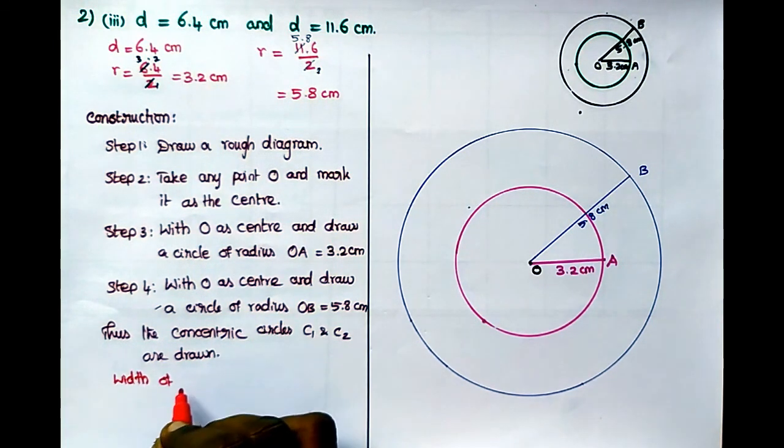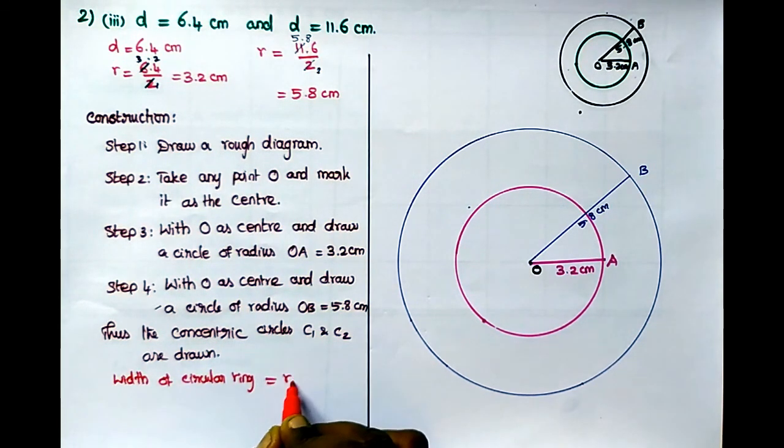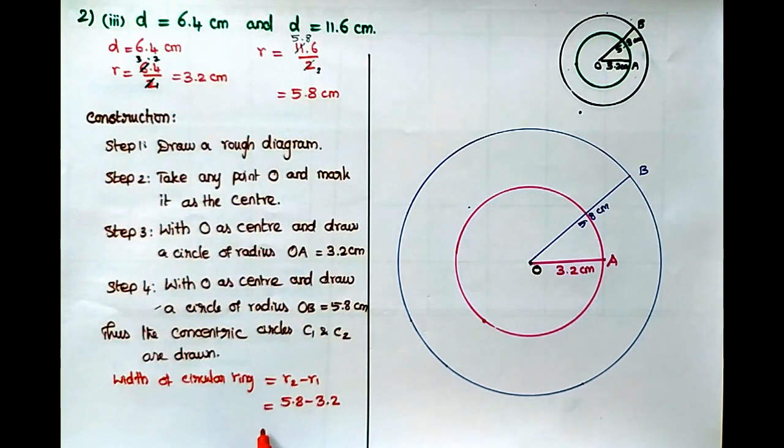Width of circular ring equal to R2 minus R1, that is 5.8 minus 3.2, we get 2.6 centimeter, that is width.